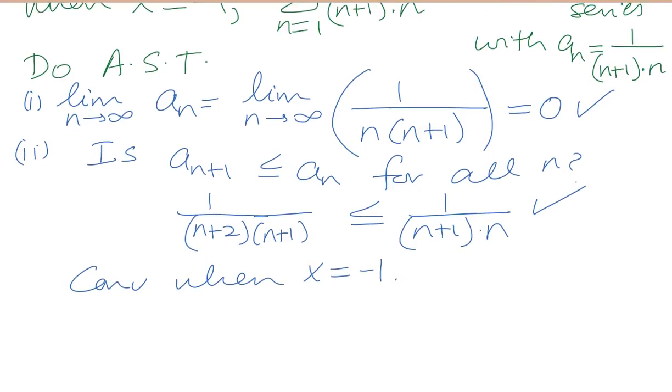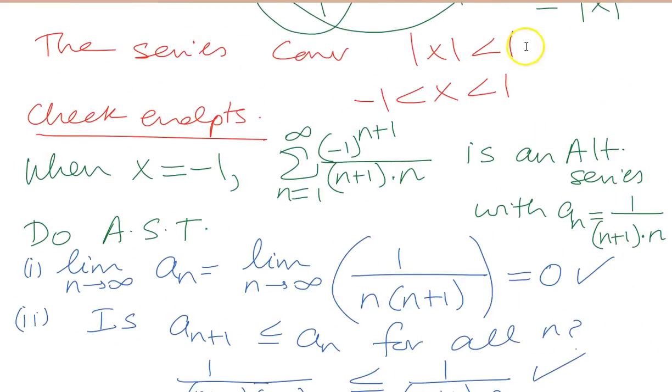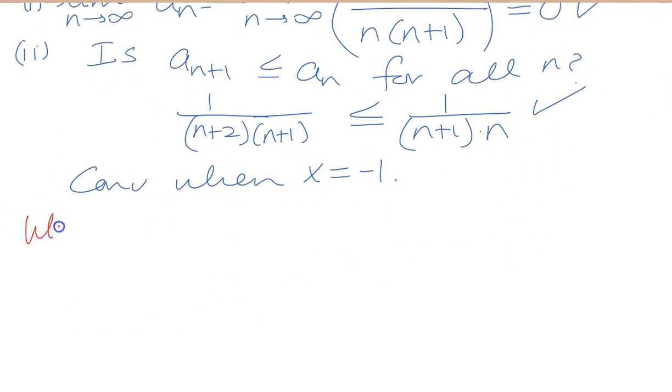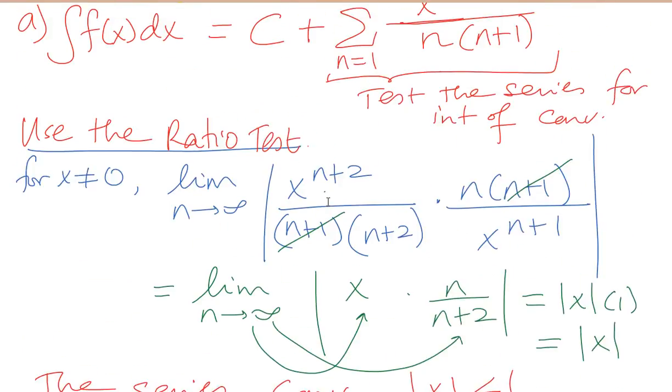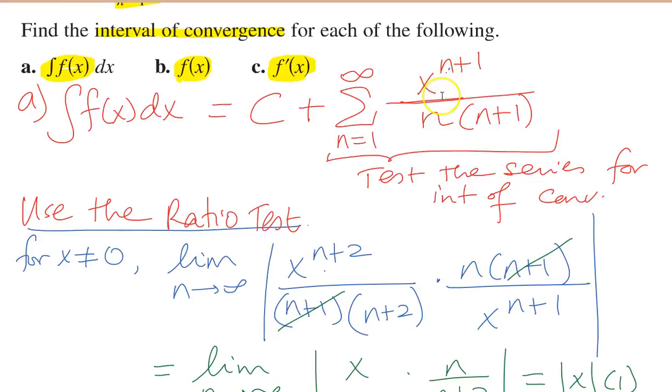Now check the right-hand endpoint. What's the right-hand endpoint? Scroll back up. Okay, right-hand endpoint is x equals 1. So when x equals 1, what do you have to do? Go ahead and replace x by 1 in the series obtained by integrating f of x. N equals 1 to infinity. I'll show you where to plug in, guys. Now, look here. This is where you have to plug in 1.